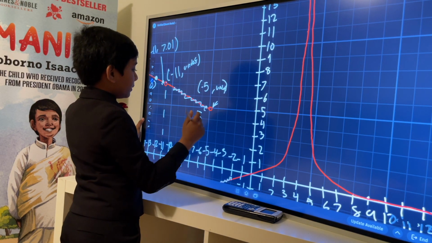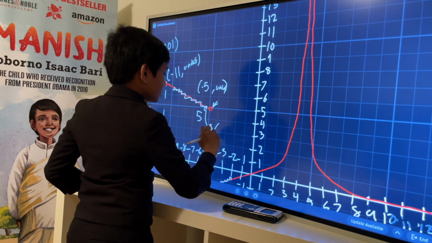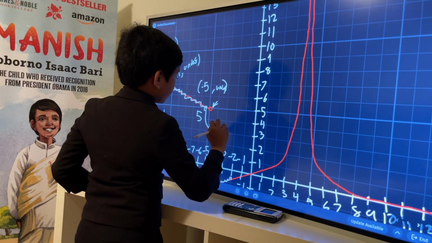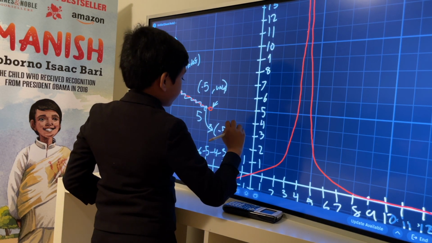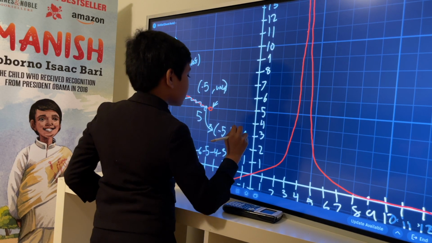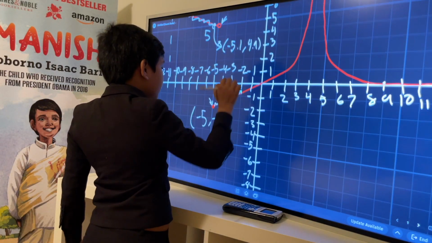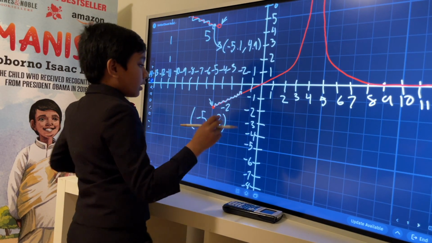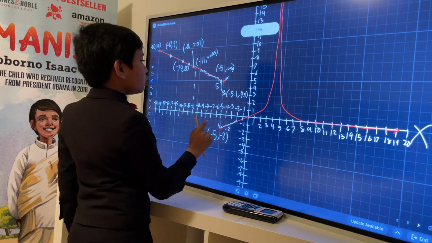So let's say you have this point, that is minus 5.1, comma 4.9. It gets closer and closer to minus 5, comma 5. But from this side, it gets closer and closer to minus 5, minus 2. So you have two limits.